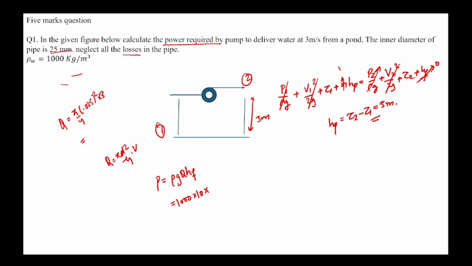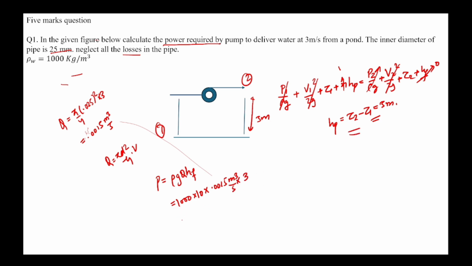It is around 0.0015 meter cube per second. So 0.0015 meter cube per second into 3 is the pump head.